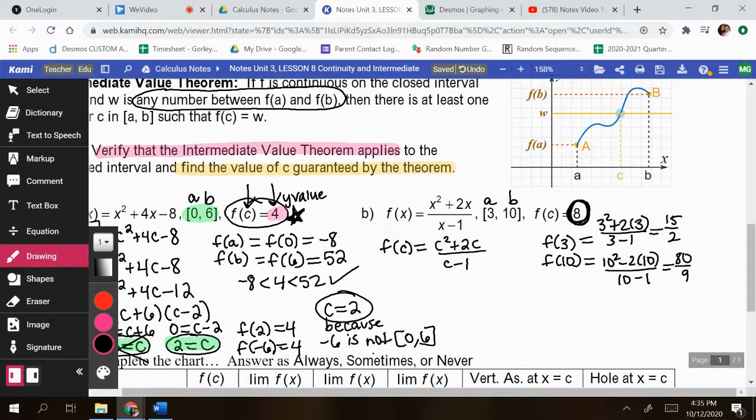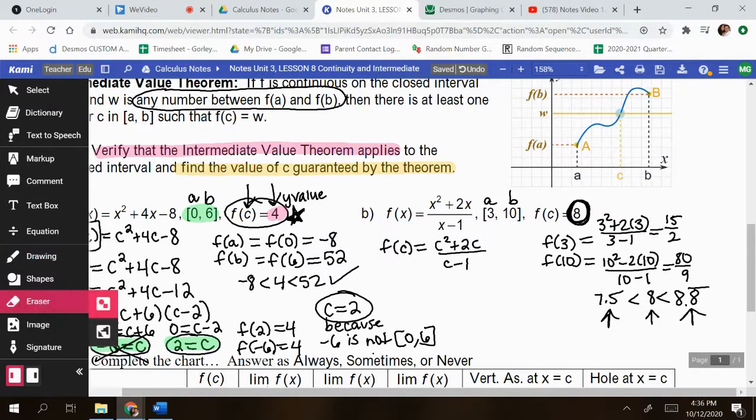Okay, so the question is, is 8 in between 15 over 2, which is 7.5, and 80 over 9, which is about 8.8888 repeating? So yeah, the y value 8 is in between the y value 7.5 and 8.8. Okay, so here the intermediate value theorem does apply.